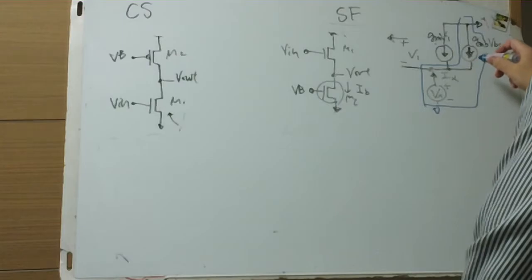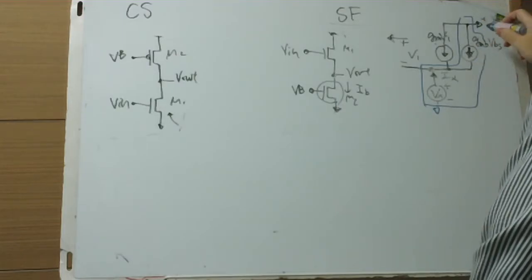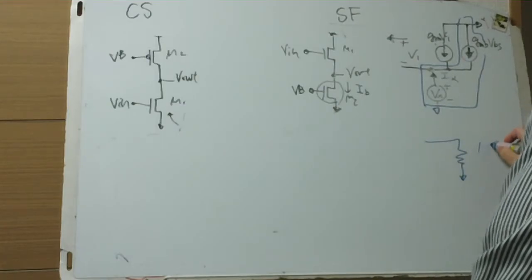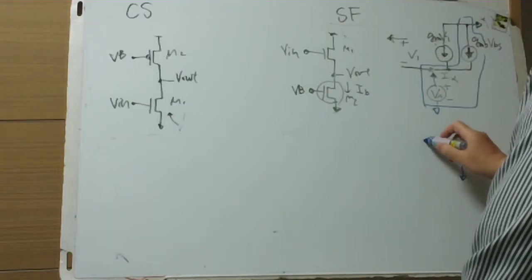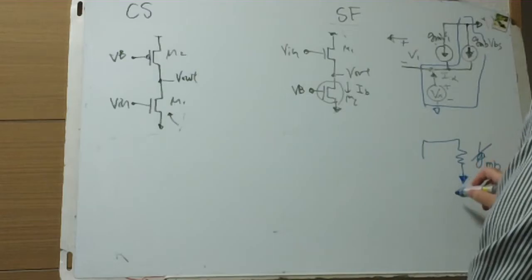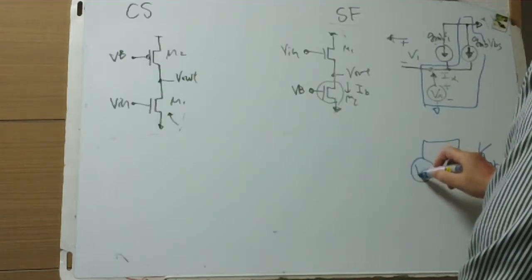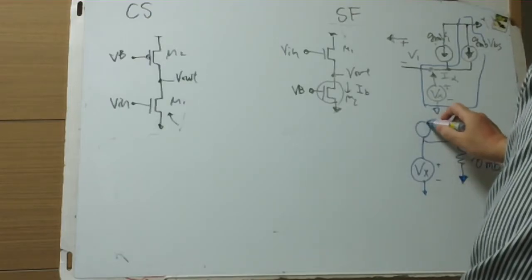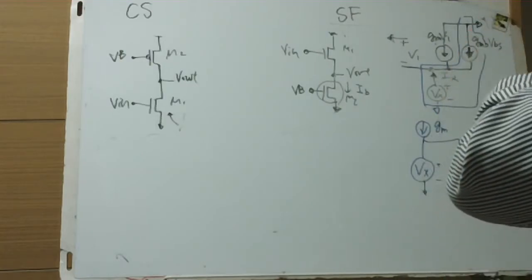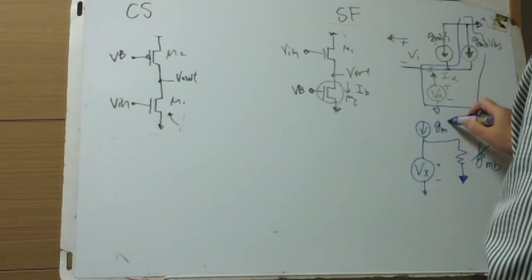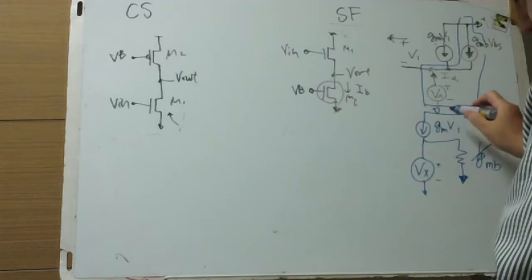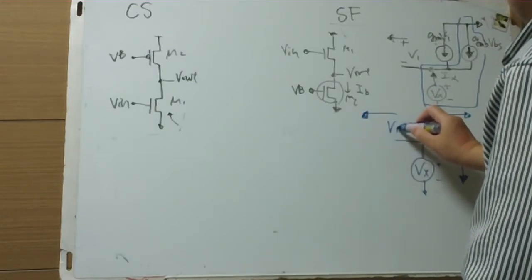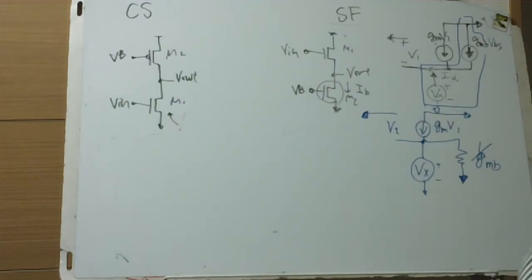Vx is applied and a 1 over gm resistance goes here to ground, so this is equivalent to this, just from Ohm's law. 1 over gmb has one node grounded and the other node applied Vx, and here there is a voltage controlled current source gmb V1 from AC ground, where V1 is the VGS of M1.